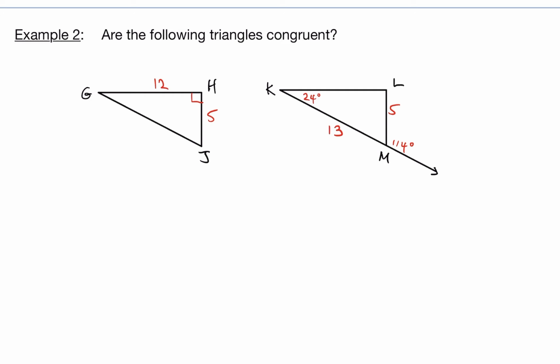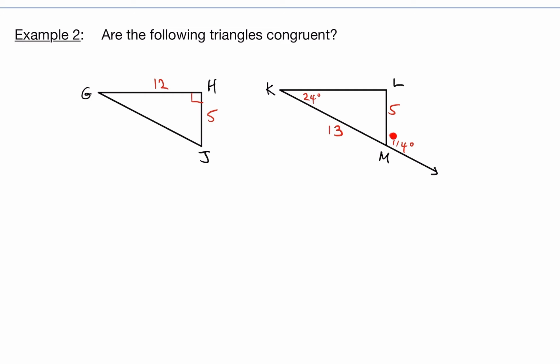Well, we see that we have an angle of 114 degrees here. We know also that this angle plus this angle add up to 180 degrees, right? Because it creates a straight line, and we know that a straight line is 180 degrees.